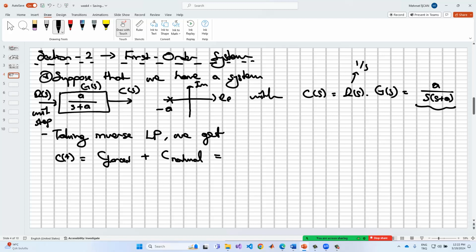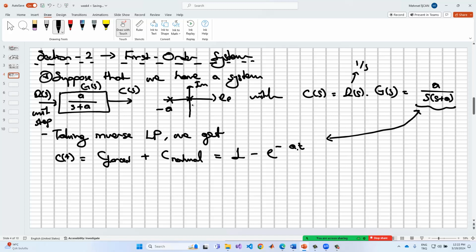And so this is equal to 1 minus e to the minus a times t. This is the solution of this domain, okay? And so this forced response is equal to 1. And the second one, minus a, is coming from this one, s plus a, okay?